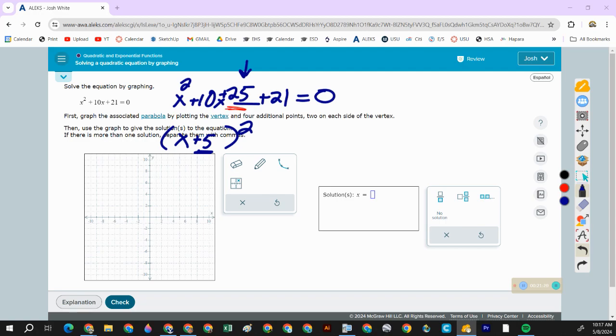But if I add 25 there, I need to offset that 25 by subtracting 25. And I get minus 4. So my vertex is negative 5, negative 4. And then the pattern is over 1, up 1, over 1, up 2, over 1, up 1, over 1, up 2. And those are my solutions.